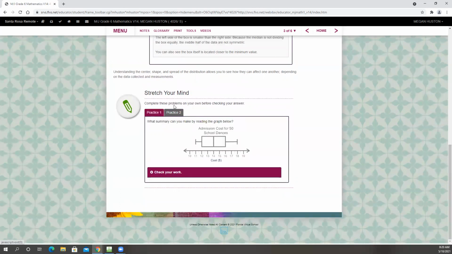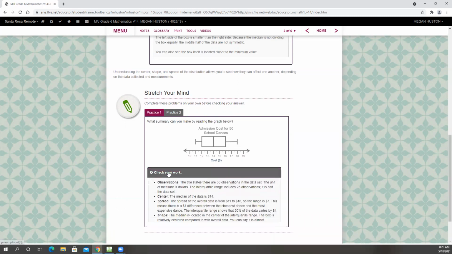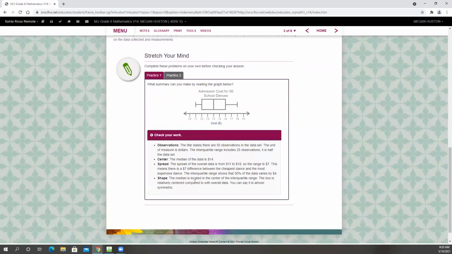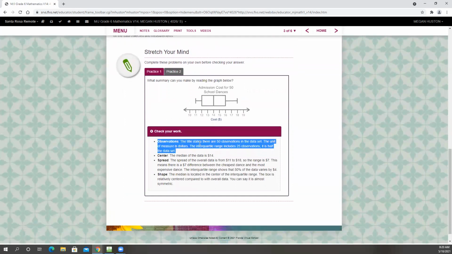The second practice problem: what summary can you make by reading the graph below? Go ahead, take a moment, pause the video, and make some observations. The title states there are 50 observations in the data set: admission cost for 50 school dances.